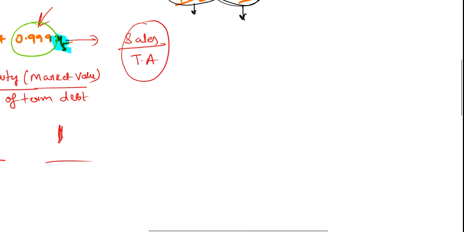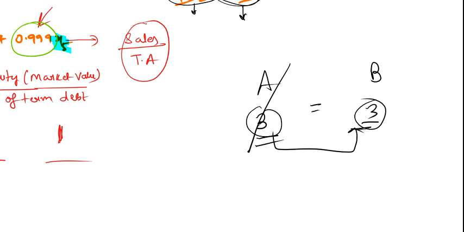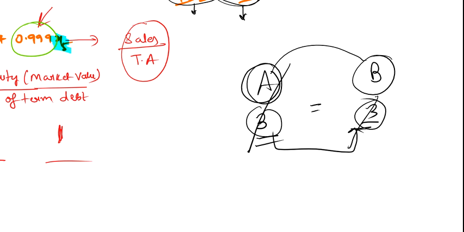Because see, there are two firms, firm A and firm B, having the Z score of 3 and 3, meaning their Z scores are the same. We will say that both of them will not be insolvent. But at the end I have seen that A is insolvent. So now if A is insolvent, as per the Z score, B should also be insolvent, but it is not the case.